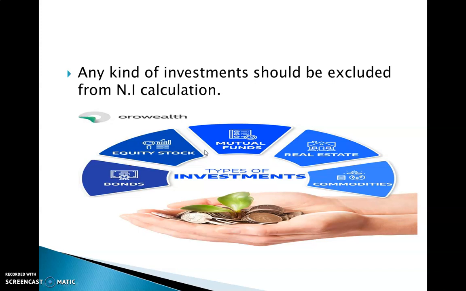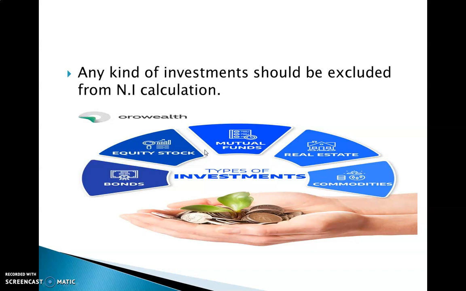Such investments should be excluded from national income calculation because money is only shifting from one place to another. Neither goods nor services are produced. The money is shifting from one person to another person. It doesn't produce anything, so we will not include these investments in the national income calculation.